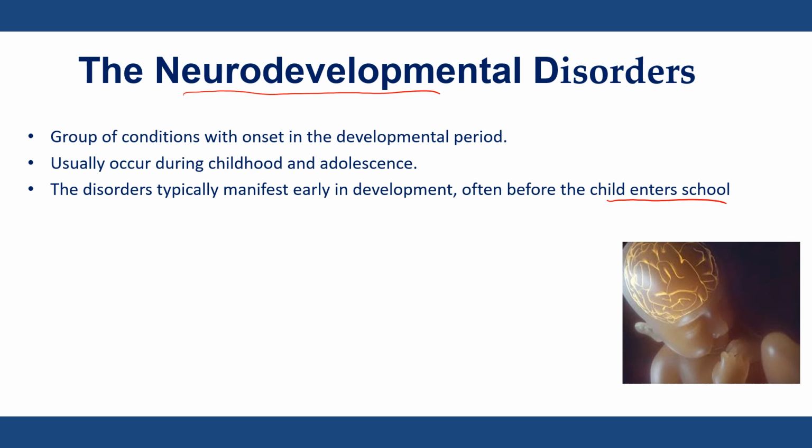You may see some of the disorders that we often see in the adult population that can be seen in the pediatric population as well. For example, bipolar, substance use, schizophrenia, those disorders are usually diagnosed in adult psychiatry.